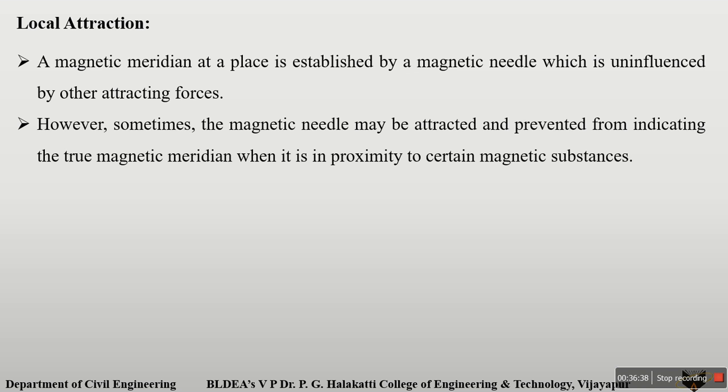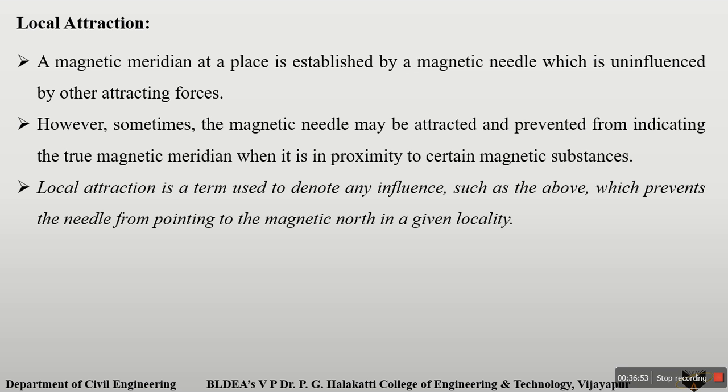The true magnetic north and south direction is deflected. It will not show the accurate magnetic north and south directions. So local attraction is a term used to denote any influence such as the above, which prevents the needle from pointing to the magnetic north in a given locality.